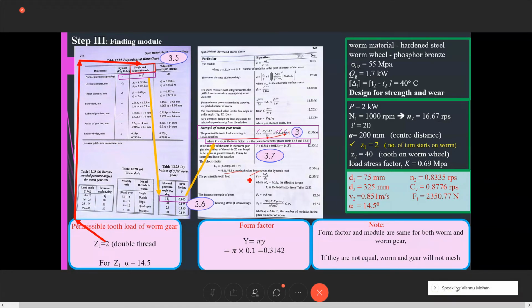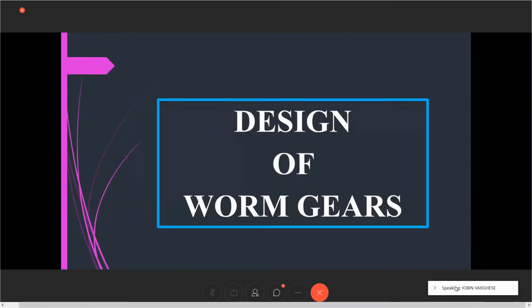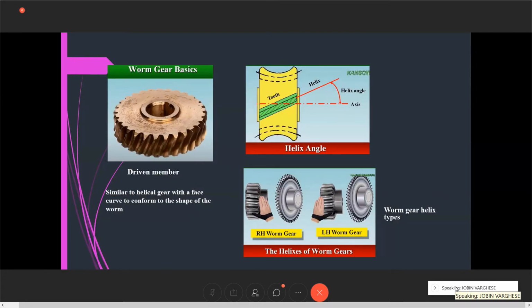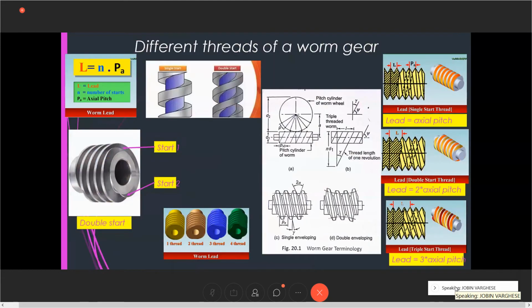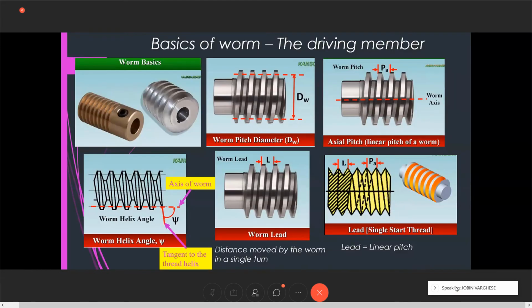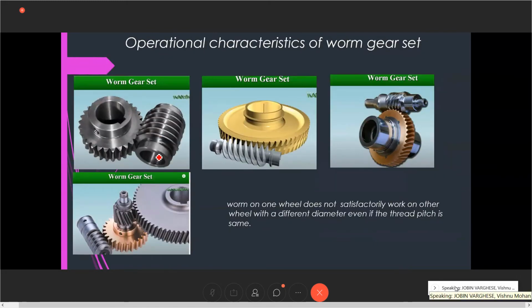Another question: what is the difference between a worm and a worm gear? Is there any difference? Yes. As we see in spur gears or helical gears, there is a driver and a driven. Here the worm is the driver and this is the driven.